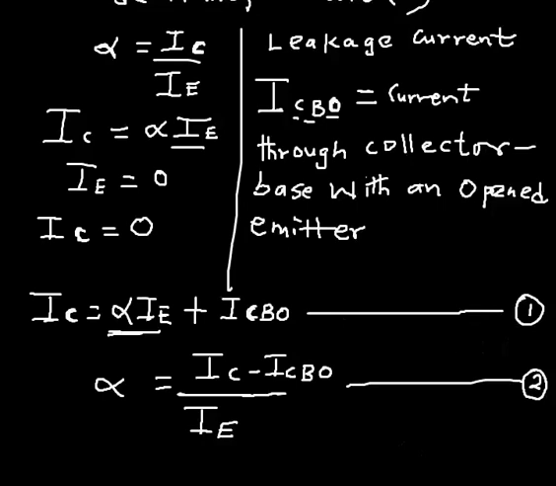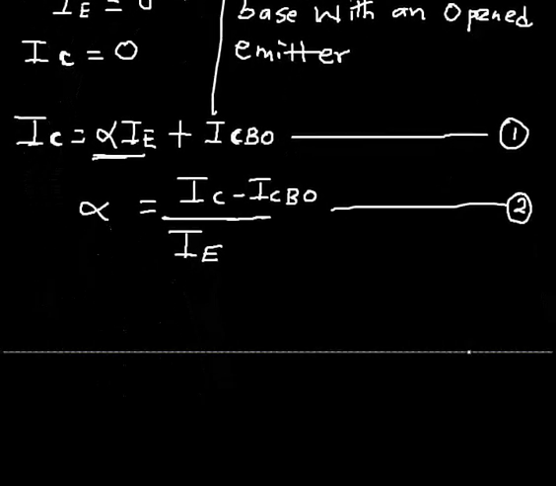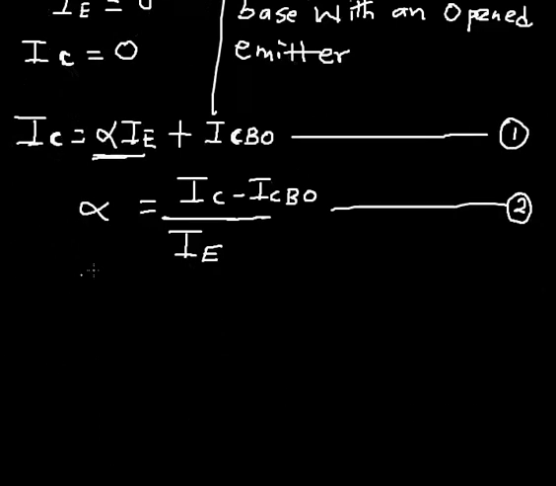Please take note of equation 1 and equation 2. We are still going to derive more formulas. In a transistor there are a whole lot of formulas, but at the end of the day I will summarize and list out the important ones that will help us solve typical questions.